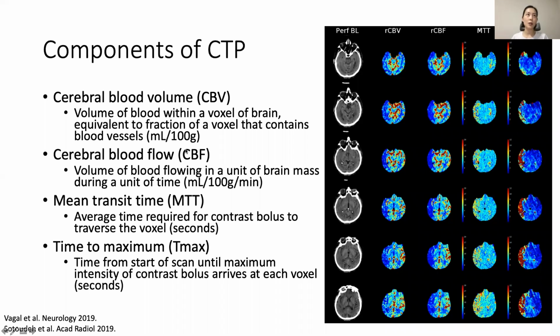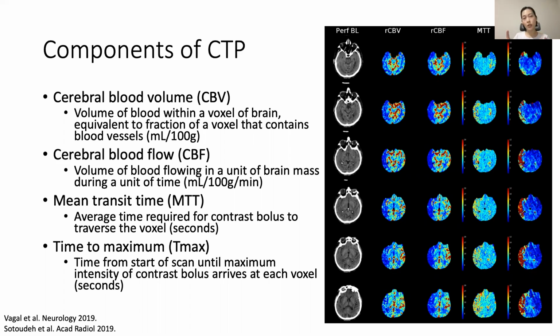Basically we can calculate the volume of blood within a small unit of brain. And we can also see the flow, or volume of blood traversing through that unit of brain during a certain period of time. And we can also calculate the average time required for contrast to traverse that unit of brain.